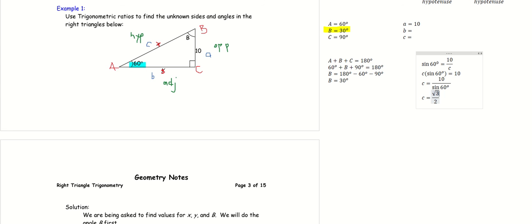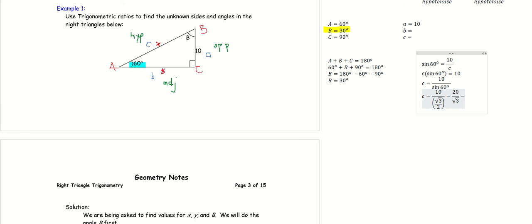Okay. So it's 10 divided by square root of 3 over 2, which is equal to 20 divided by the square root of 3.